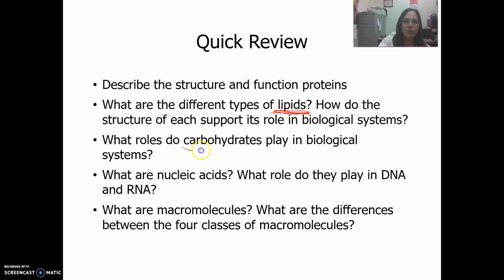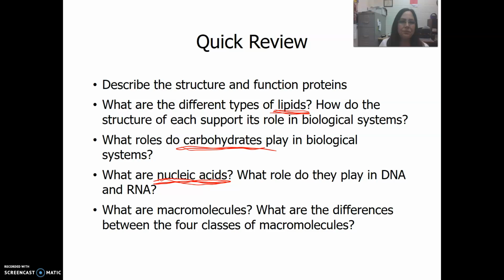Carbohydrates are where we get our quick energy from. The monomers of carbohydrates are monosaccharides, and nucleic acids are our genetic material. DNA and RNA are the molecules that determine our traits, that code for our traits.